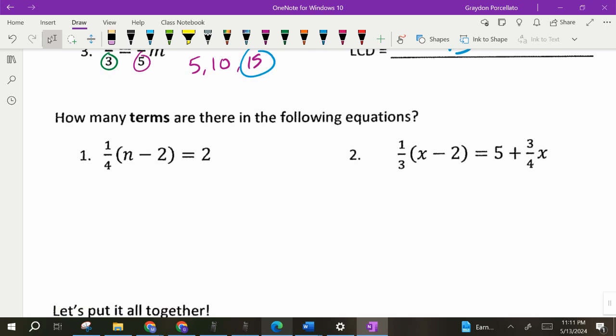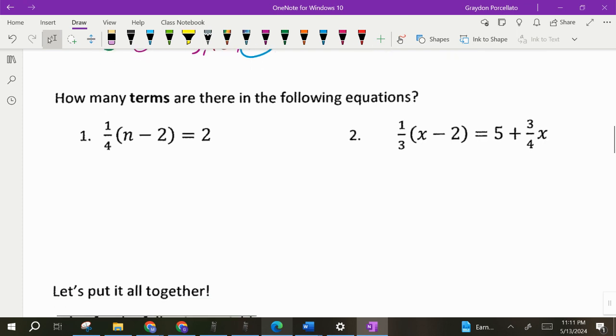All right. Now this question says, how many terms are there in the following equations? Okay. So when we count terms, we count individual things. So I'm going to count terms here. 1 term, 2 terms, 3 terms, 4 terms.